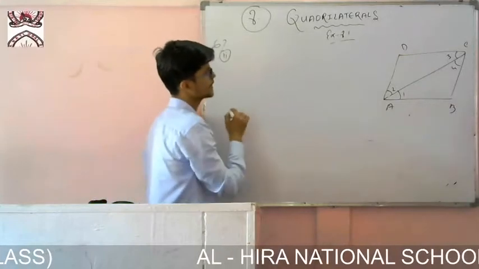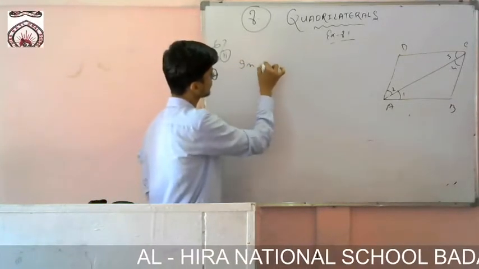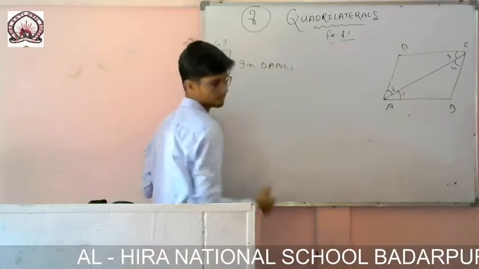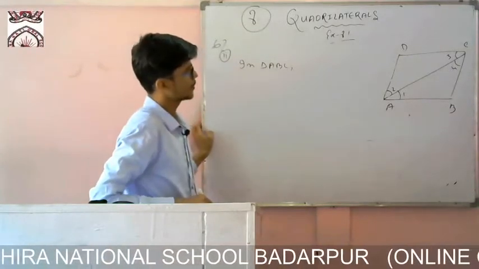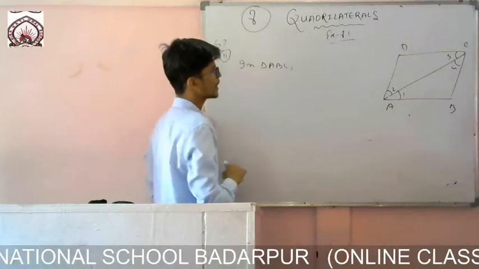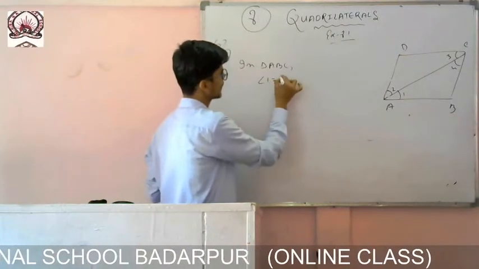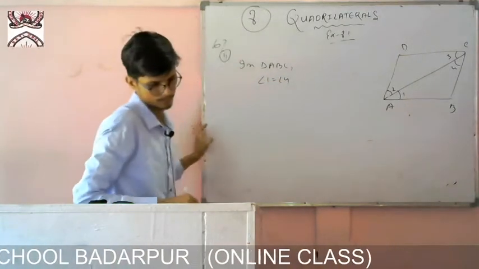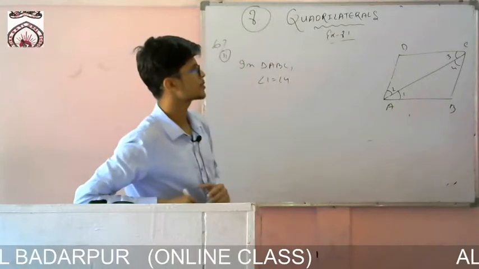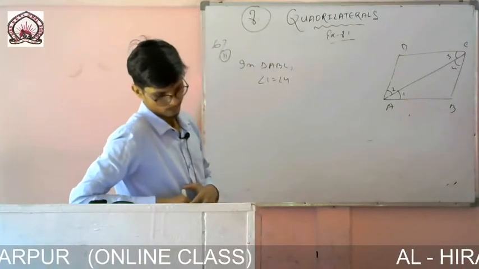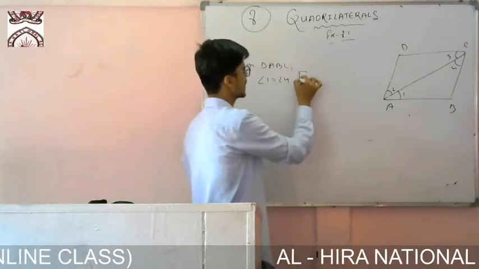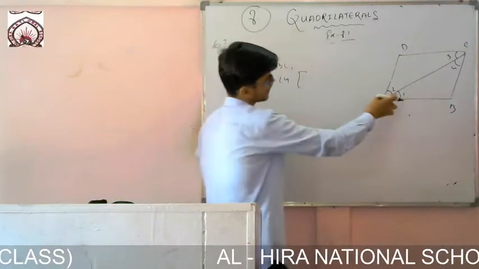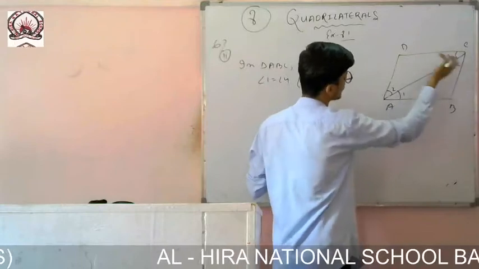So let me write, in triangle ABC, what do we have? Angle 1 is equal to angle 4. Because in the earlier part, angle 1 was equal to angle 3, and angle 3 and 4 are the same.